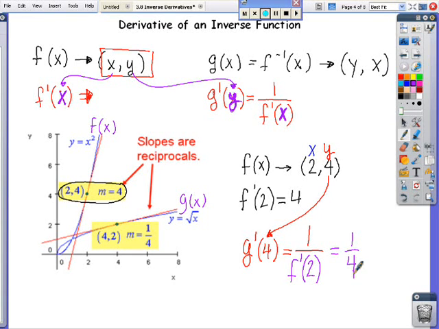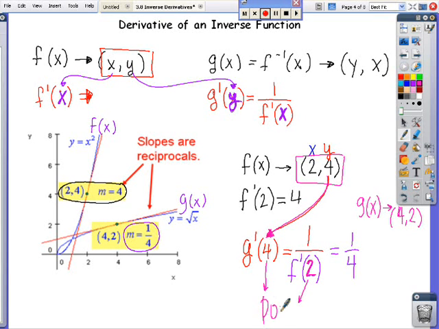So what happened was the point on the curve was (2, 4) for f of x, but on g of x, we have the point (4, 2). So to find the derivative at f's y value on g, we find the derivative of f on its own x value. This will always, together, make a point. It'll either make the (x, y) point on f or the (x, y) point on g.